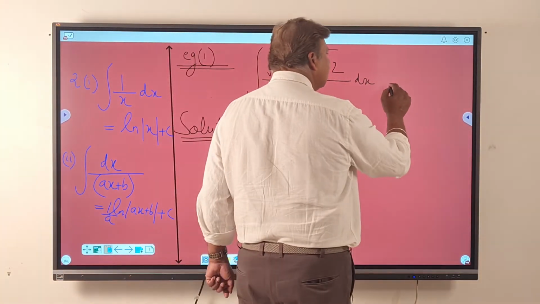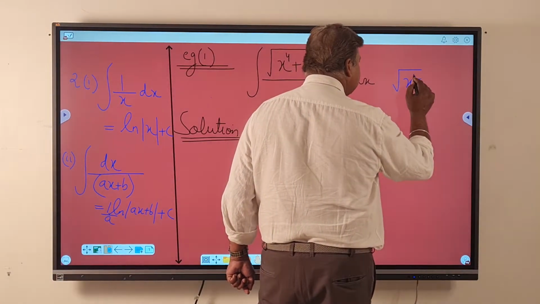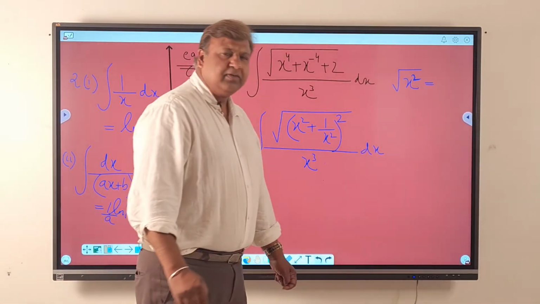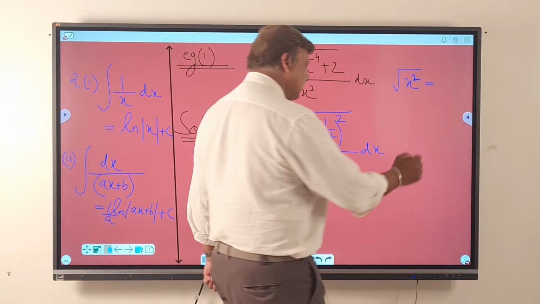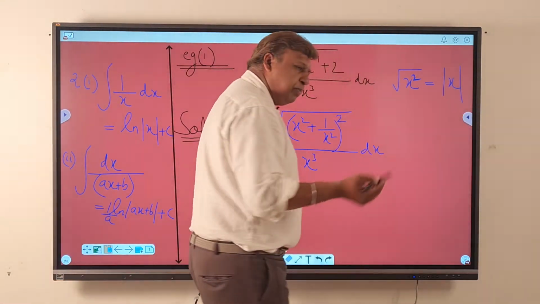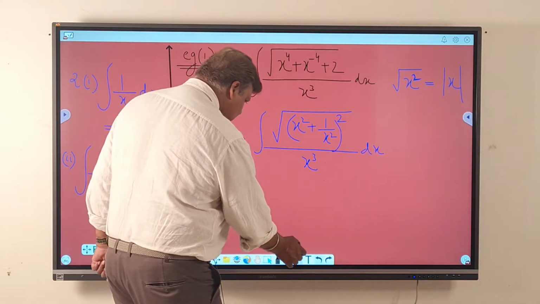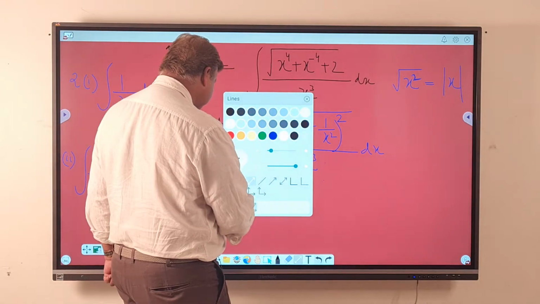So whenever you have under root x square, what will you get out of it? Somebody will say plus minus x. That would be wrong. It's not plus minus x, it is mod x. From the under root quantity, you get only a positive term out of it. Okay, students? So that's the way you need to do.